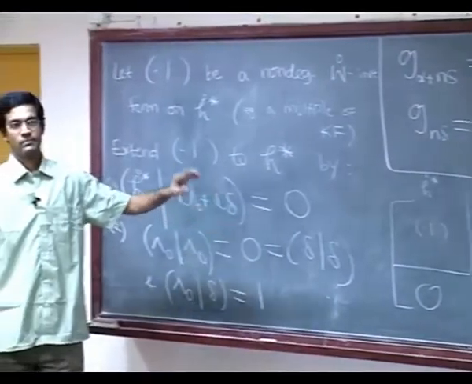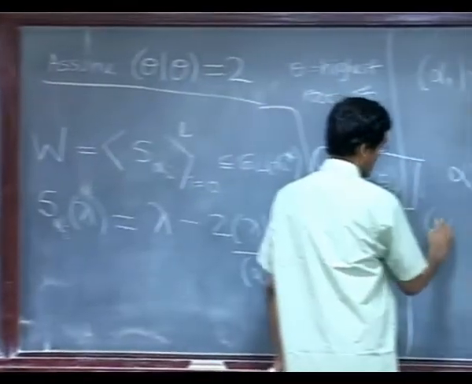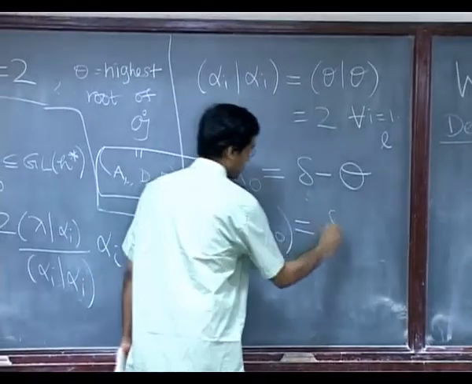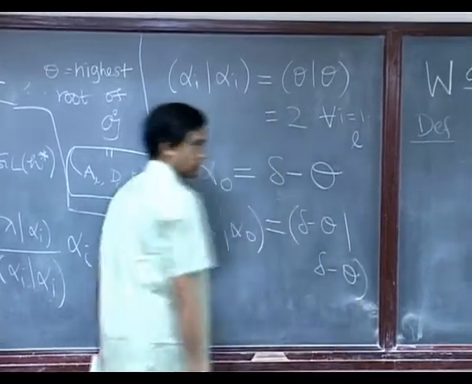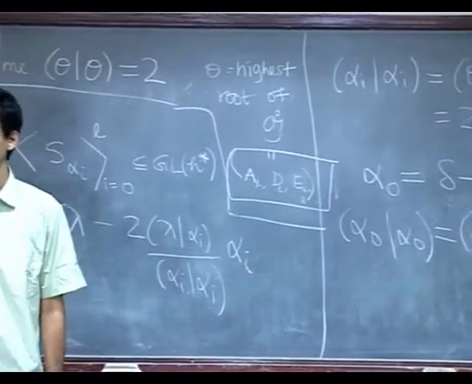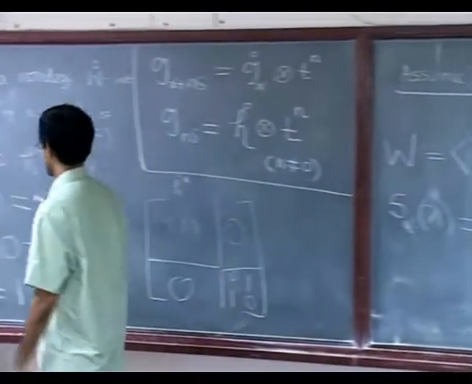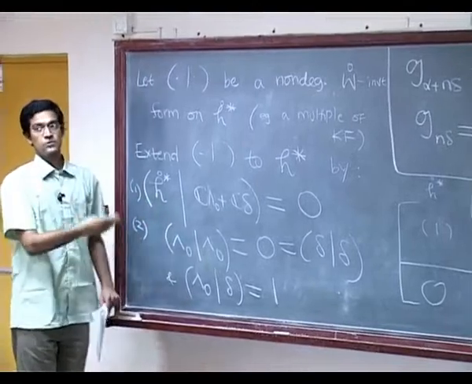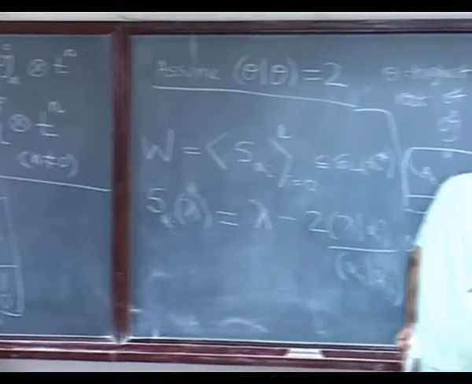But I claim, it's still 2, because let's compute alpha 0 with itself, it's delta minus theta with itself. Why is that 2? Because delta with theta is 0, because delta and these two parts are orthogonal. Delta with anything here is 0, but delta with itself is also 0. So this is the same as theta with theta, so it's also a 2.